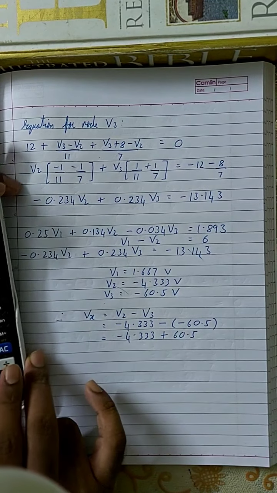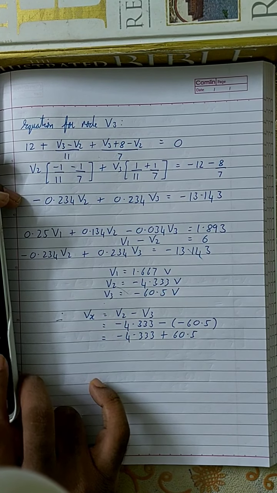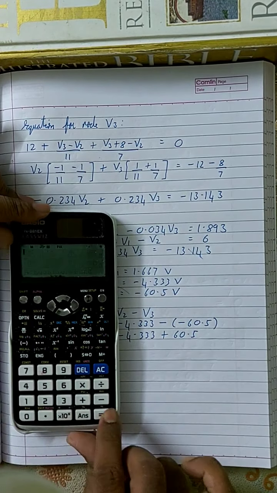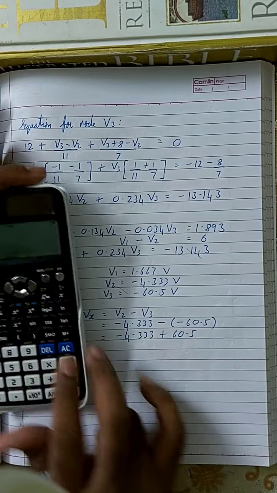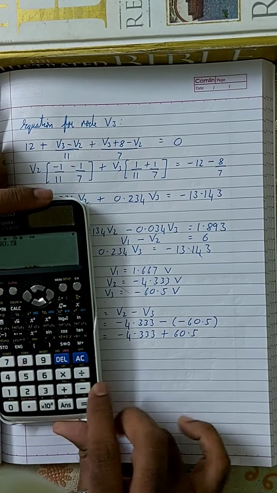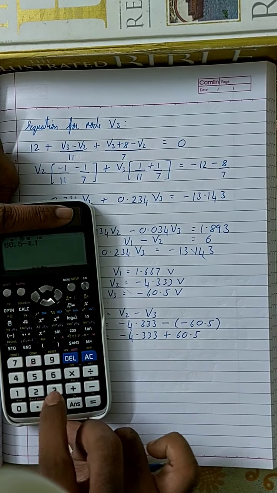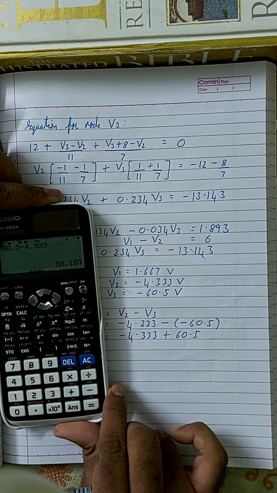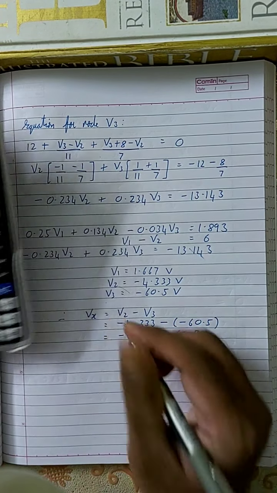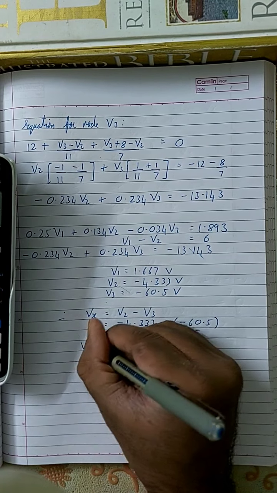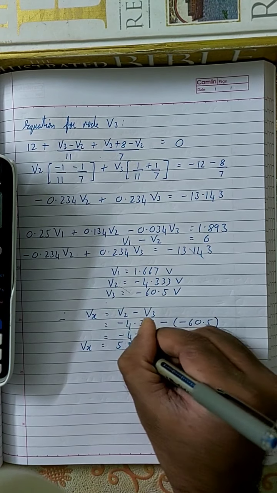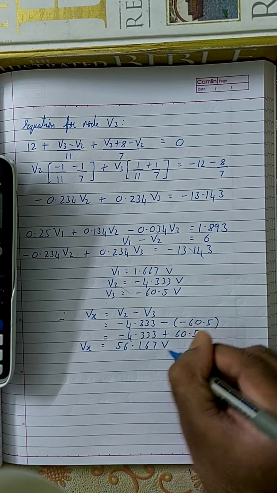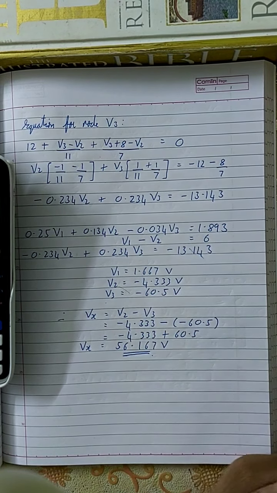So we have 60.5 minus 4.333, and you get the answer as 56.167. So therefore Vx is equal to 56.167 volt. This is the answer.